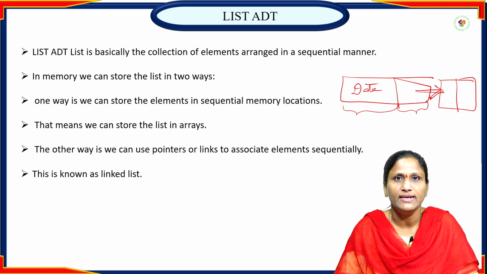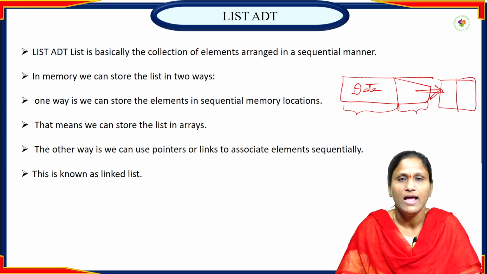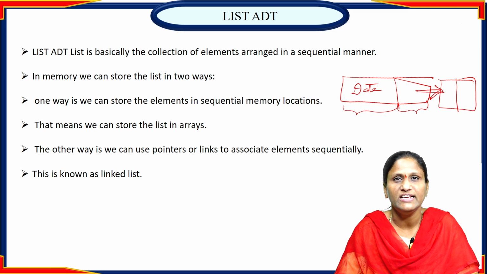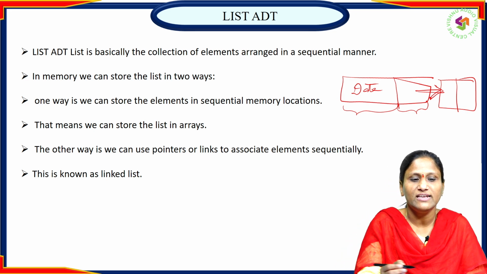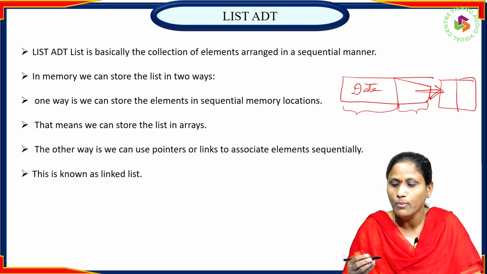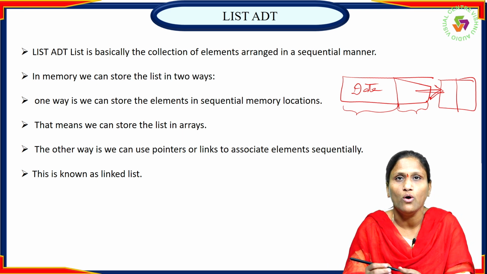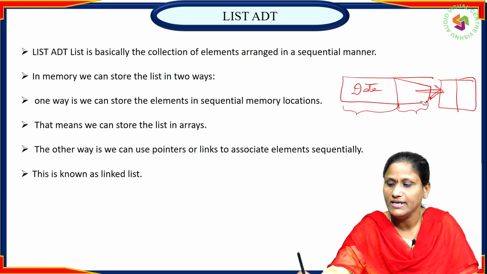The pointer to the next node contains the address of the node that is present next to this node. So this collection of nodes is nothing but a linked list, and the last node points to a null pointer. Now let us discuss in detail each and every point of list ADT.